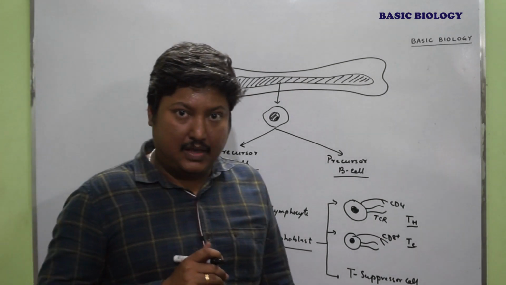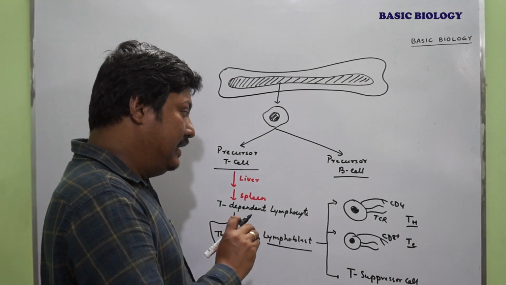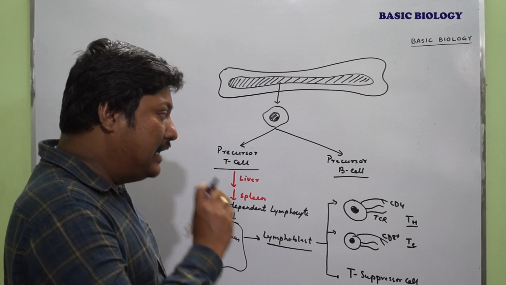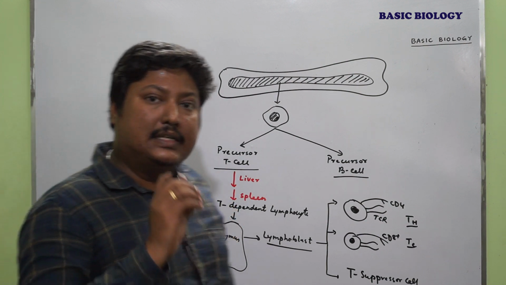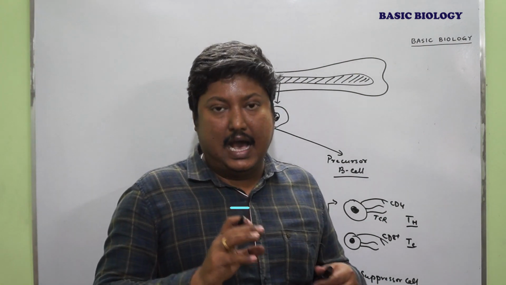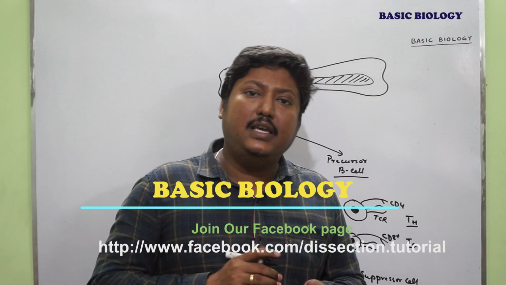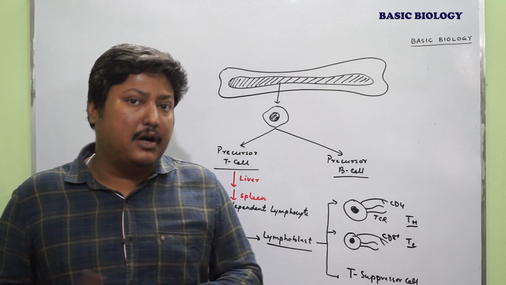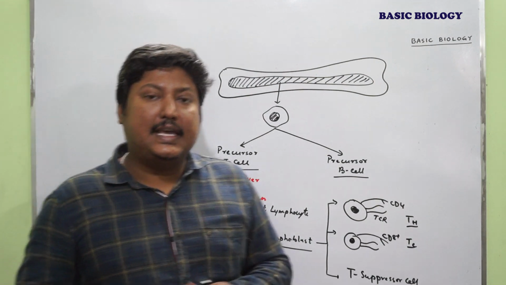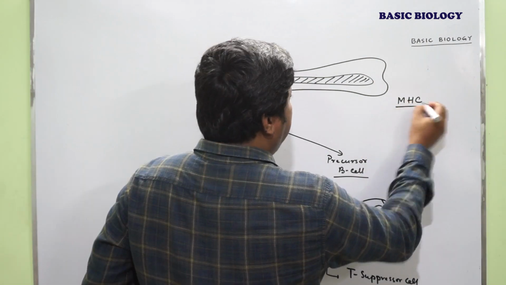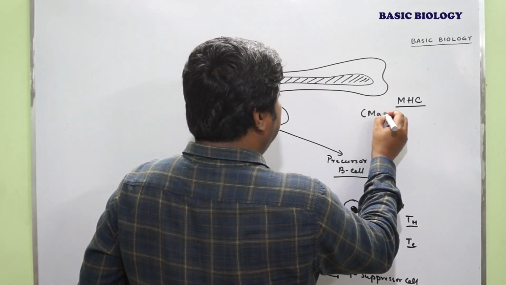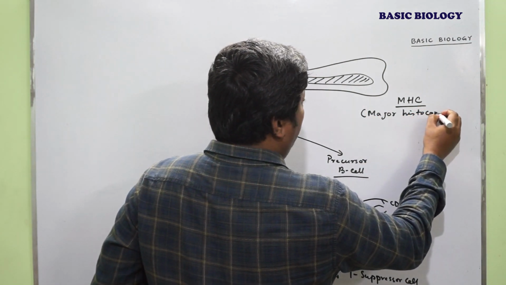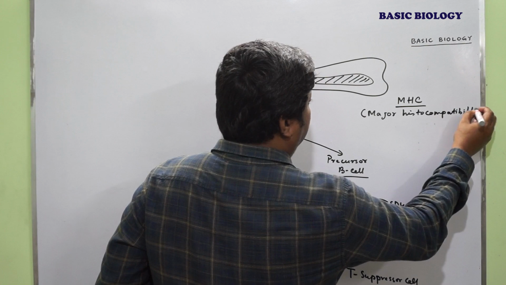T helper cell or TC cell is unable to recognize the antigen directly unless it is presented by a membrane bound receptor known as MHC. MHC means major histocompatibility complex.